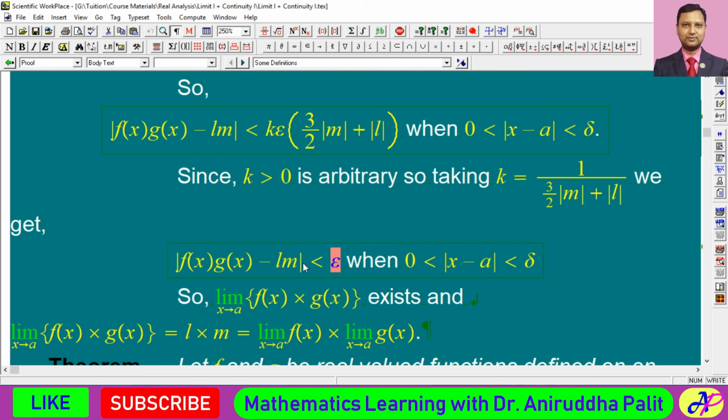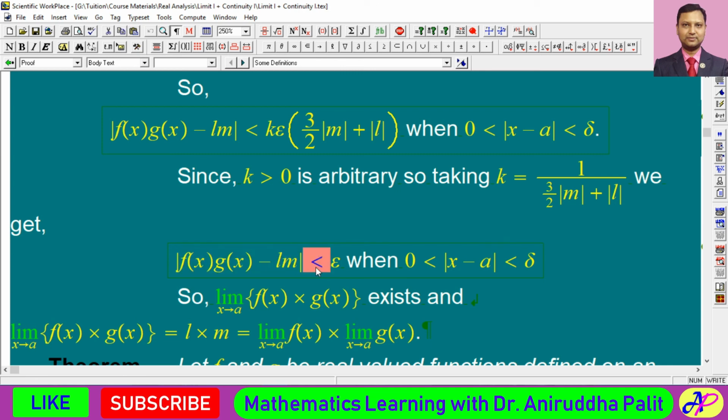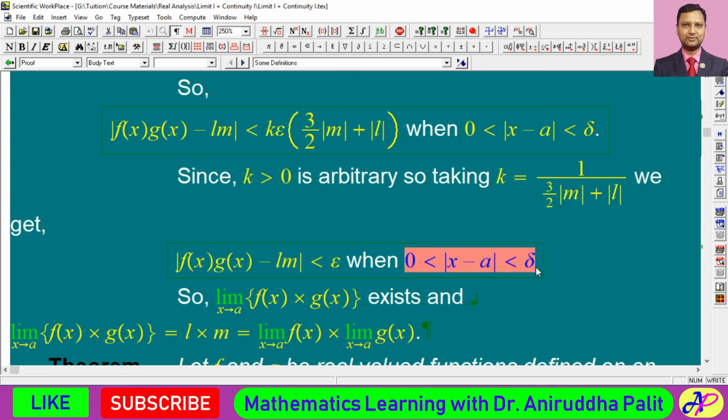And therefore we can say that modulus of fx into gx minus L into M is less than epsilon when 0 is less than modulus of x minus a less than delta.